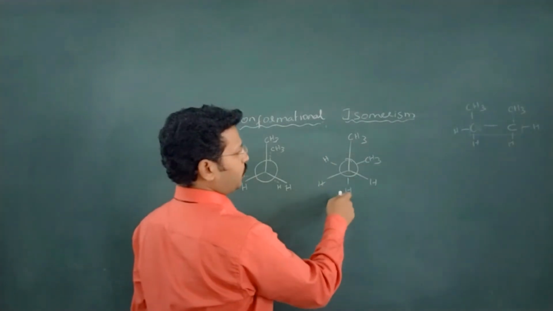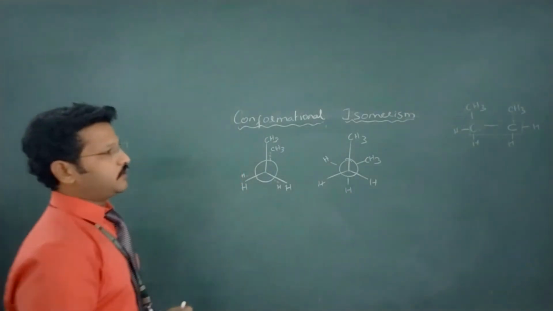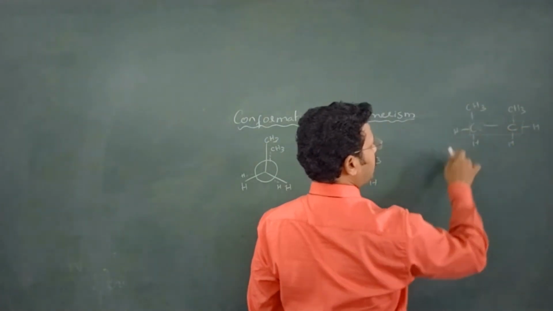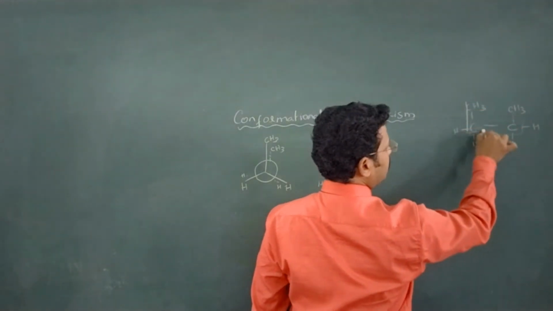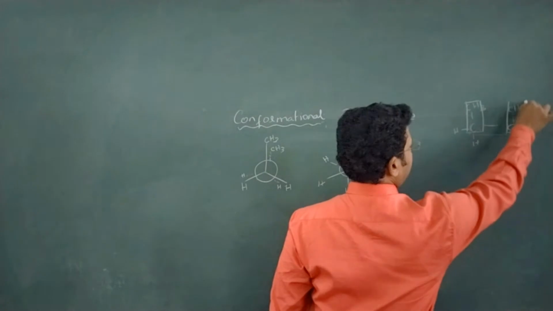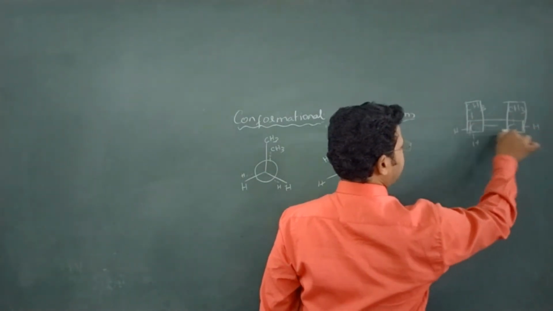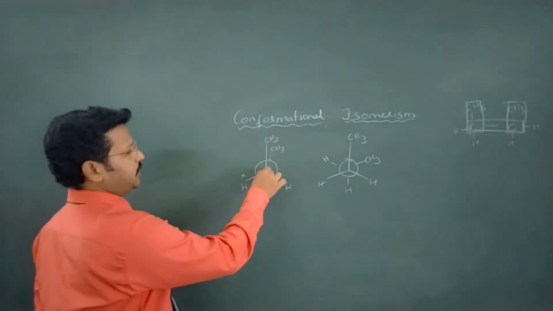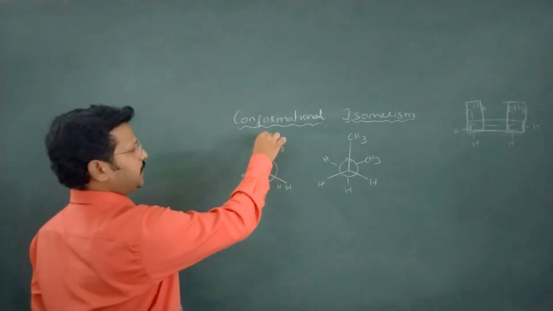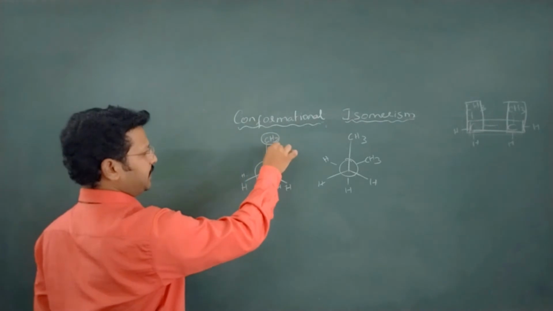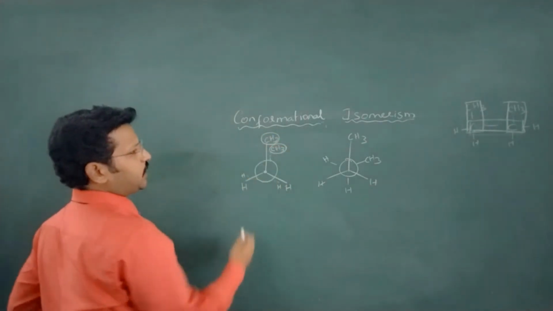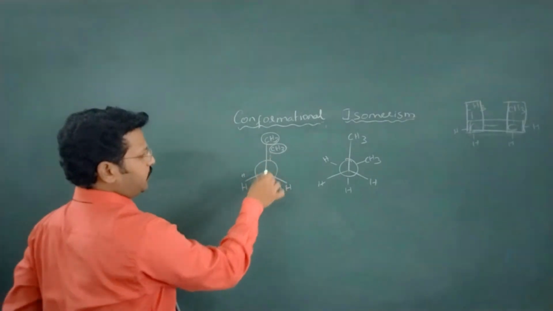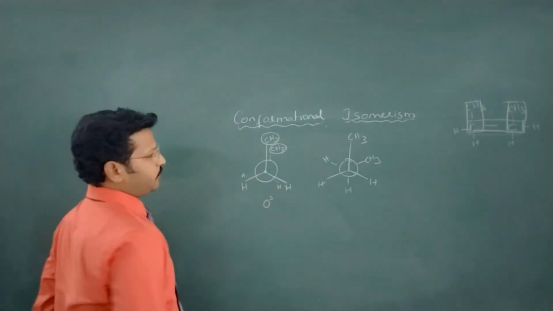Similarly, one more rotation. What happens is that we rotate about this carbon-carbon single bond, and we notice the rotation here. The CH3 carbon, the bulkier group, on both carbons overlap each other, one over the other, so the angle of rotation here is 0 degrees.